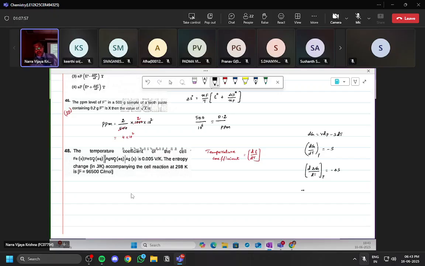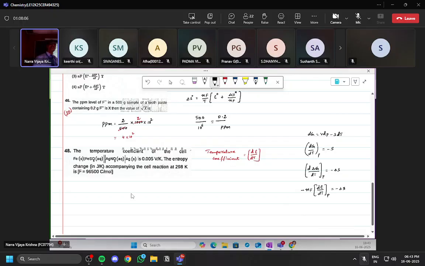So minus nF dE by dT at constant P is equal to minus delta S. Minus and minus cancel. So we get delta S equal to nF dE by dT.